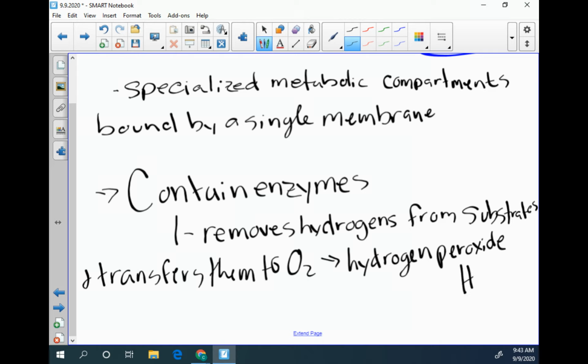So, H2O2. So, peroxisomes create peroxide. H2O2.